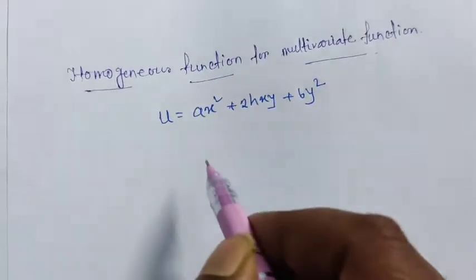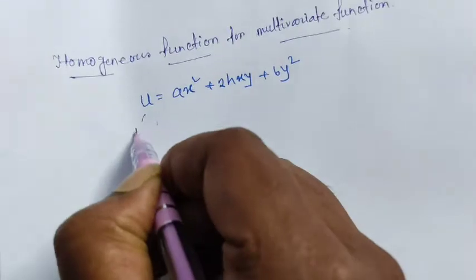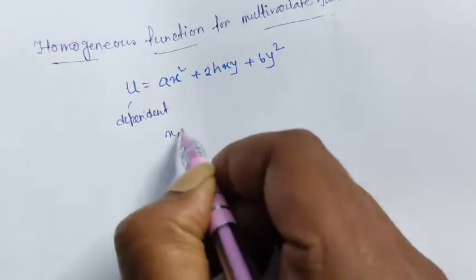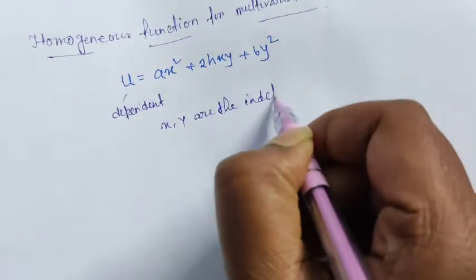Here u is the dependent variable, and x and y are the independent variables.